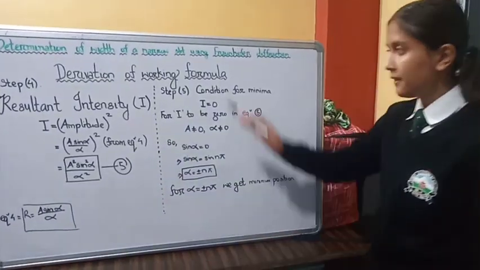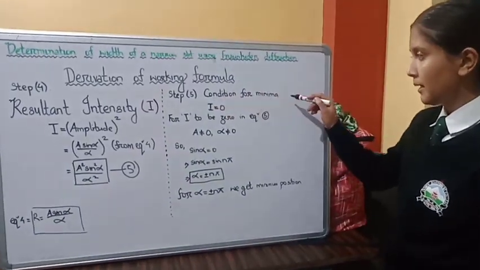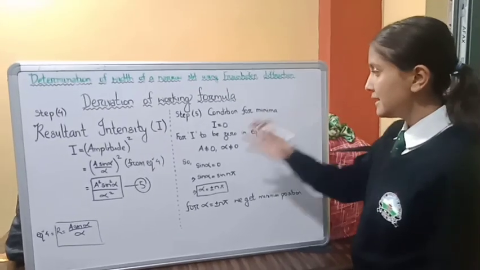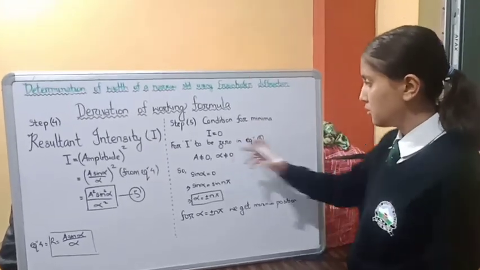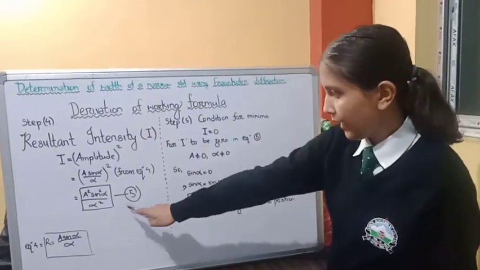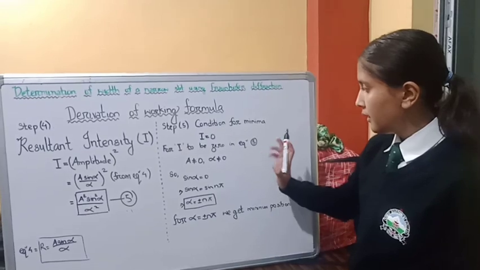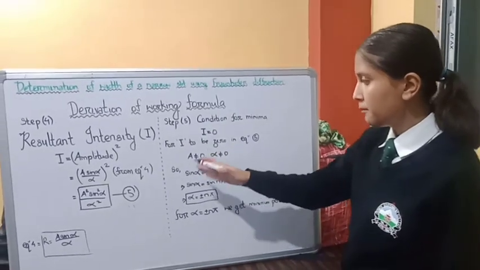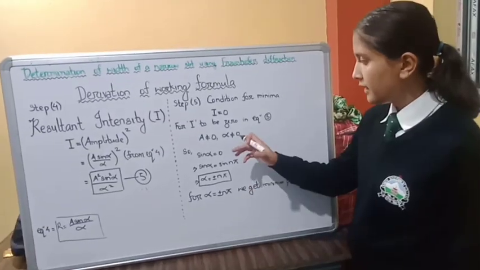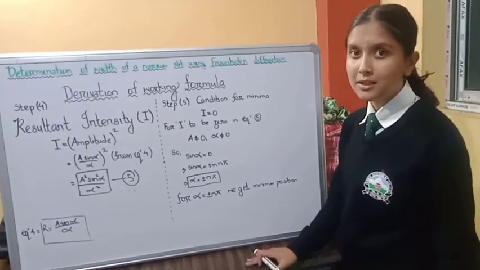So step 5 is to find the condition for minima. For the condition for minima, intensity should be equal to 0. So for intensity to be 0 in equation 5, A can't be 0. If amplitude is 0, then intensity will never exist, and if alpha is equal to 0, then we will get unlimited maximum.